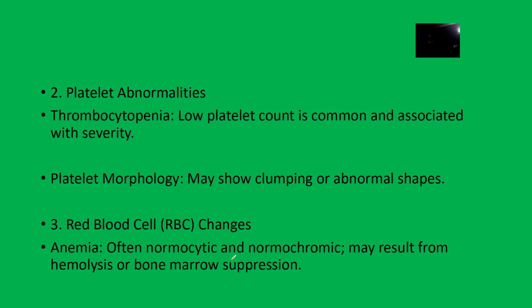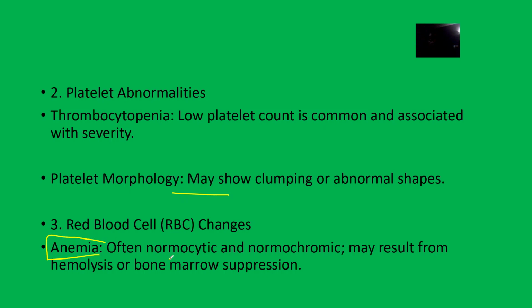Okay, so for platelets, platelet levels are going down. So there's thrombocytopenia. So this person can be prone to bleeding. All right, the platelet morphology is also changing, with abnormal shapes here and there. Then for red blood cell changes, anemia. So red blood cell levels are basically going down.